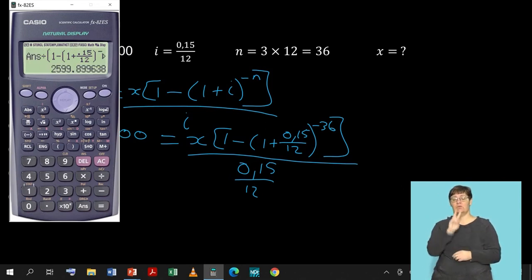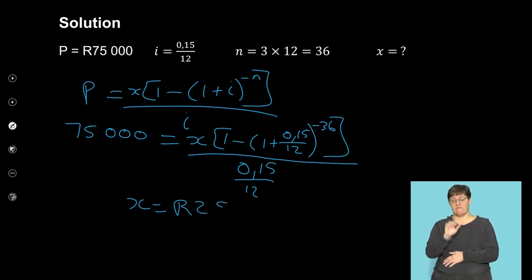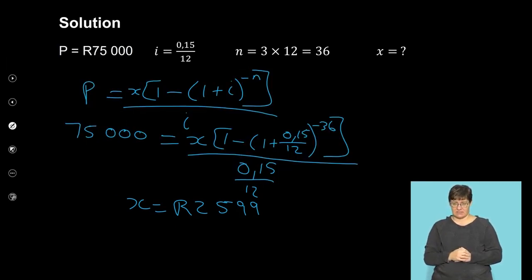And this will give me 2,599, right? So this will be X equals 2,599.899, so that will be 2,599.90 when you round it off.